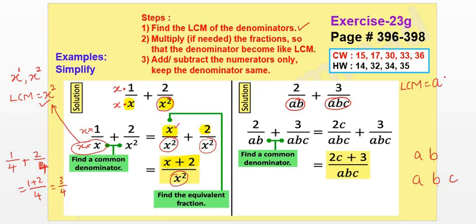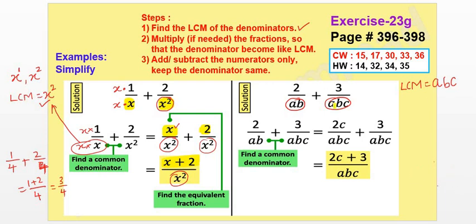B and B have the same power, power 1 and power 1, so I will take one of each in the LCM. What about C? Here the power of C is 1 and here I don't have any C, so I will take the C with power 1. Usually when it's power 1, we do not write it. So the LCM will become ABC.